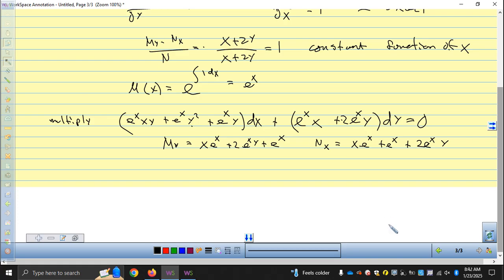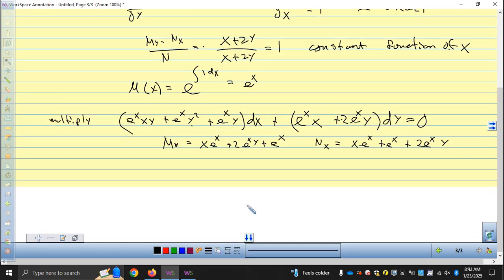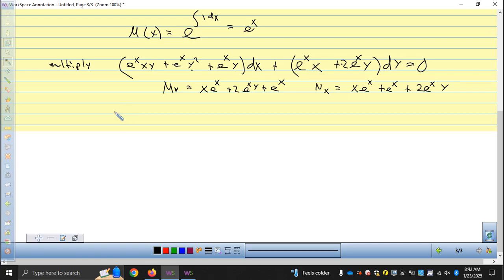And I can integrate these component functions, this one with respect to x, this one with respect to y, to find my original function. So M with respect to x, we're integrating x e to the x y plus y squared e to the x plus y e to the x dx.